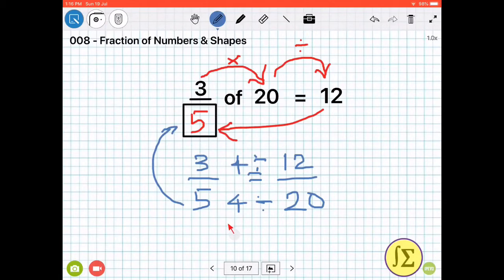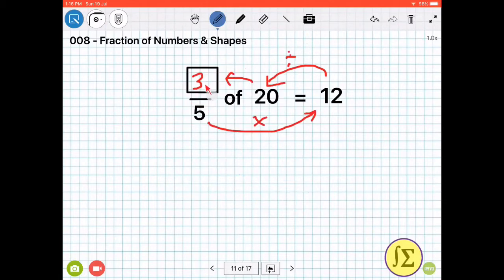Let's look at the next one. The numerator is the unknown, right? So we leave that blank, put the denominator 5, and this one 12 over 20. Look at the relationship, 5 and 20. How do you get 5 out of 20? You divide 20 by 4, you get 5.